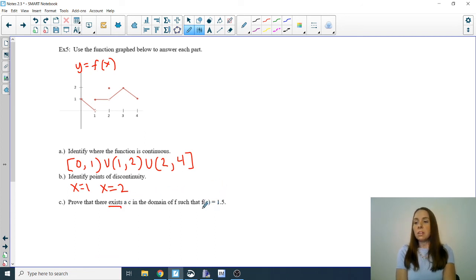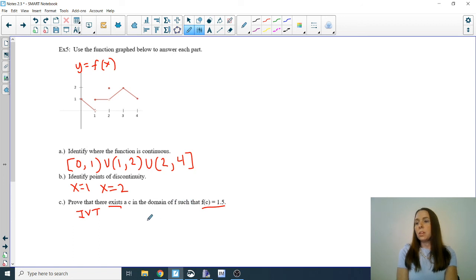And in particular, it's giving you a function value to prove exists. Prove that there exists an x for this function value, for this f of x. That is definitely IVT. Like I said, you're going to learn 2 other value theorems in AP Calculus, and you need to know that they are existence theorems, and that the intermediate value theorem, that's the first one, is guaranteeing the existence of a function value.